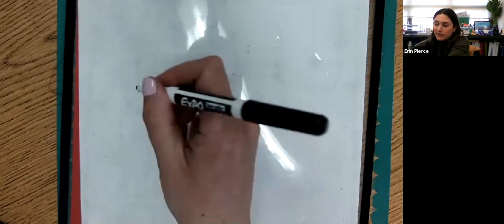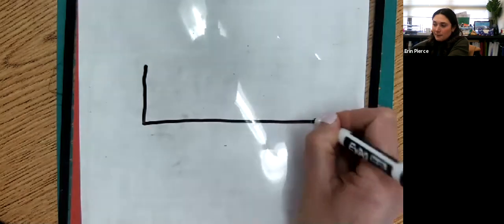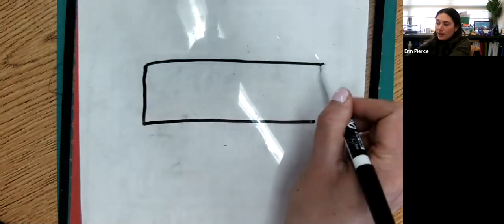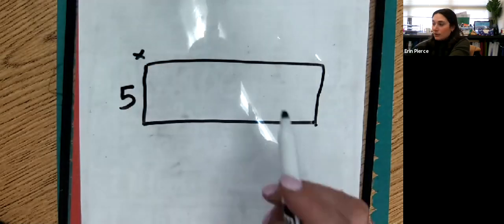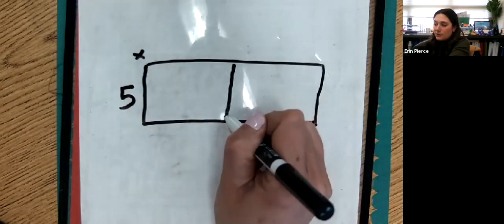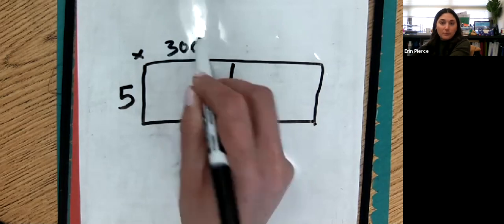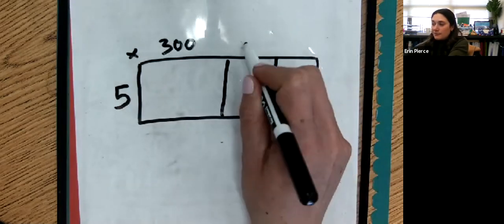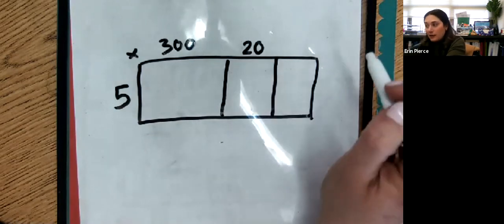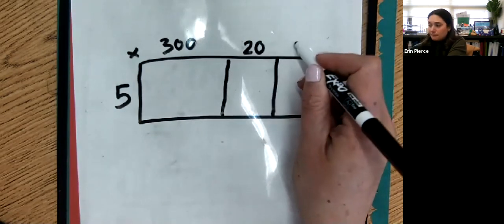So you have a rectangle, right? And you're doing 5 times, your first square is 300. Your second square is 20. And your third square is 4.